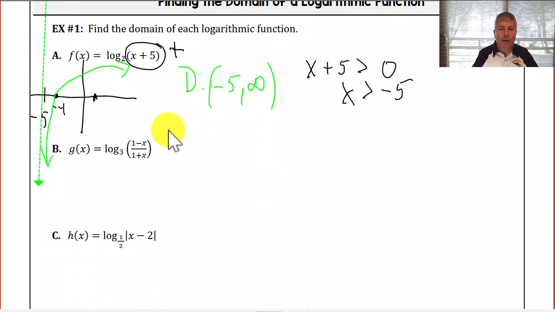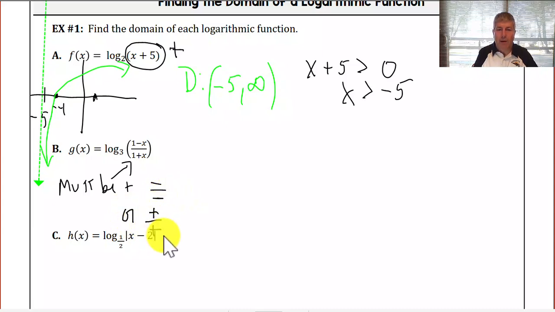Which leads us to b, log base 3 of 1 minus x over 1 plus x. Since this fraction has to be positive, okay, so that must be positive. That means we're either going to have a negative divided by a negative, or it has to be a positive divided by a positive.